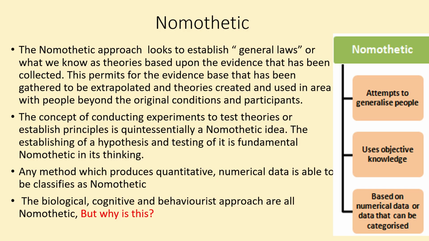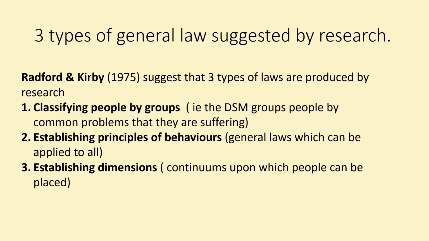Let's go through and look at the three generalizable types of laws. Okay, so Radford and Kirby, now they talk about the idea that there's three types of laws that are being produced by research in line with the nomothetic approach. So they talk about, first of all, the idea of classifying groups, which has caused a hell of a lot of problems in both psychology but also the world.